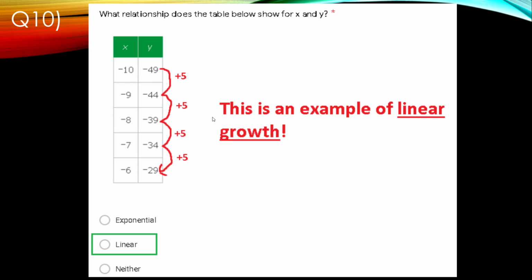So this would be linear growth because we're adding the same number over and over. Remember this number here that we're adding up over and over, this would be our slope. So this graph would be something like y is equal to 5x, and then whatever the y-intercept would be. So this is linear.